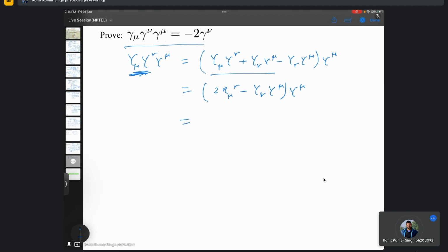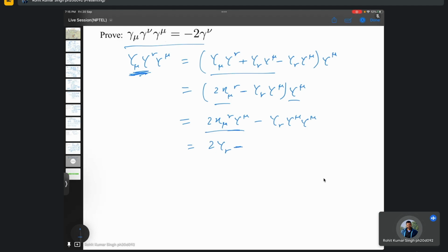Now this and this, minus. Okay, now what this will do is give you the gamma matrices with lower indices like this, right?